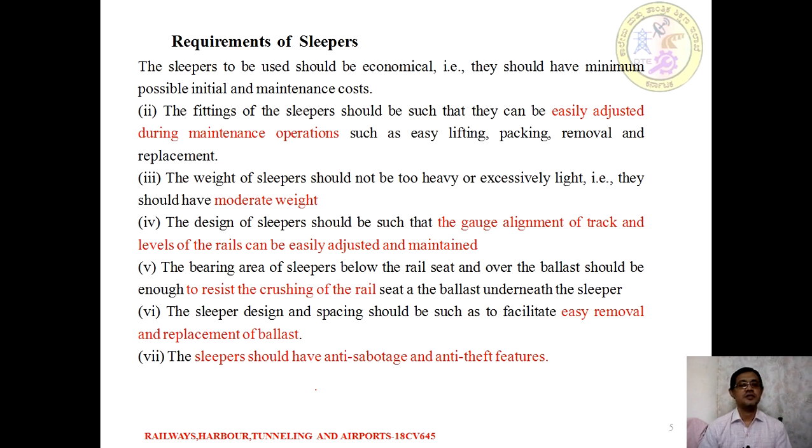The sleepers used for construction should be economical, that is, minimum cost for the initial investment and also for the maintenance cost. The fittings of the sleeper should be such that they can be easily adjusted during maintenance operations, such as lifting, packing, removal and replacement.